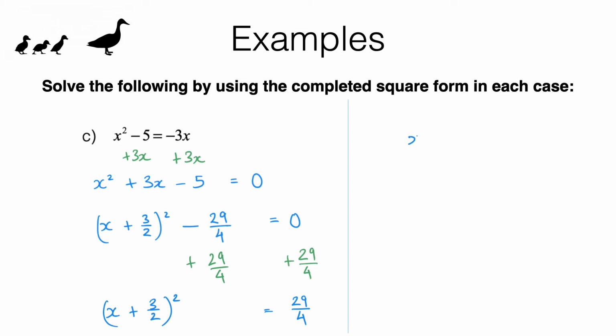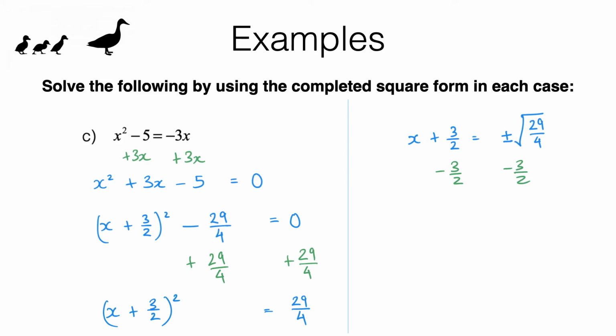Now x plus 3 over 2 is either going to be the positive square root of 29 over 4, or it's going to be the negative square root of 29 over 4. So we say x plus 3 over 2 equals plus or minus the square root of 29 over 4. Next we subtract 3 over 2 from each side, which is really the same as adding negative 3 over 2.